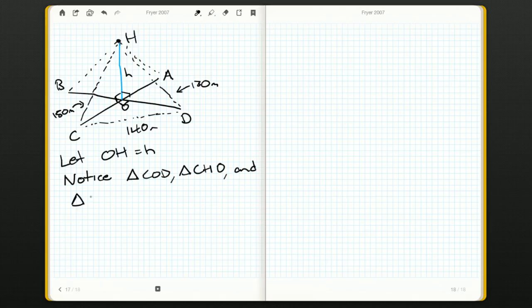Those are right angle triangles as well. But I think all the information we're given involves C and D, so I don't think A and B are necessary. They'll probably be in part of the next question, maybe. Or that they're just to look good and give us a sense of symmetry. And our last triangle is DOH. And actually this one should be COH, because it's right angled at O. We try and keep the right angle in the middle, usually.